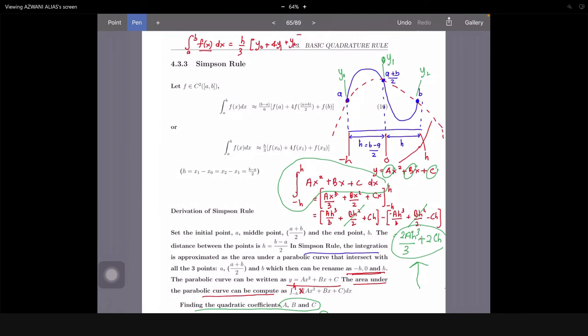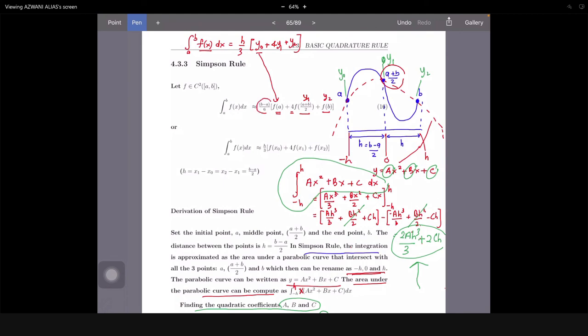Okay. So, y0 is equal to FA kan? Tambah 4 F A plus B over 2 adalah the midpoint. Dia adalah y1 dan FB adalah y2. Sebab tu dia rearrange balik lah. Okay.